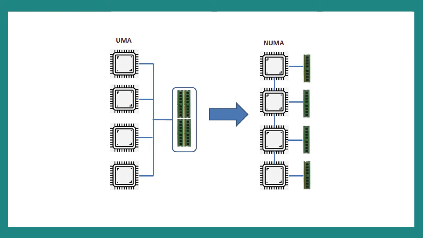In a non-NUMA setup, there will be a buffer or bottleneck at the memory controller, because all the traffic goes to this memory controller before accessing the memory. Unlike in a NUMA setup, where all the processors have direct access to the memory.